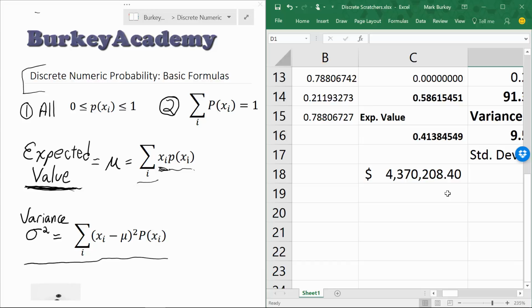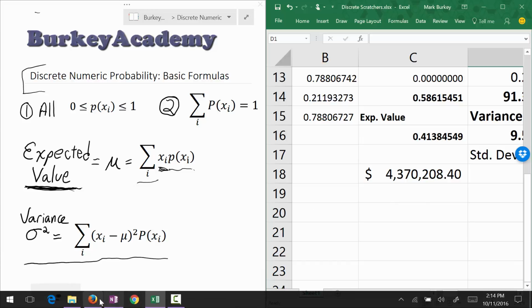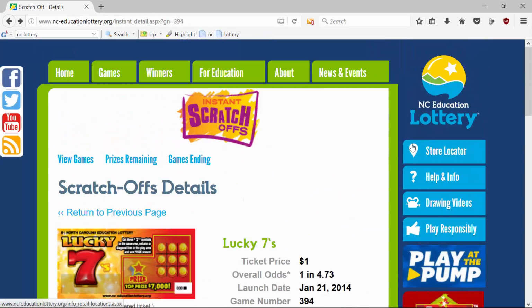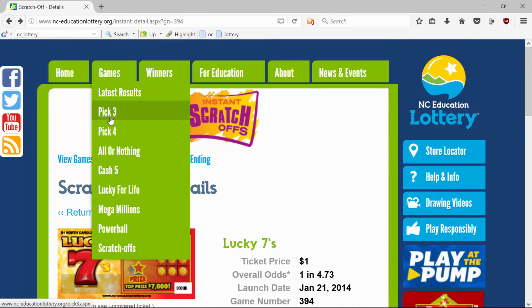Now, in the next couple of videos, we're going to continue looking at lottery tickets, but we're going to look at some of these other kinds of lottery tickets that they have. Up next, we're going to look at the games they call Pick 3 and Pick 4. In the Pick 3 and Pick 4 games, you pick, say, 3 numbers between 0 and 9, and when they see who wins, they pick 3 balls out of 3 different buckets.